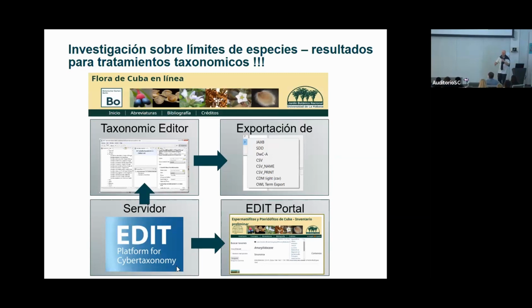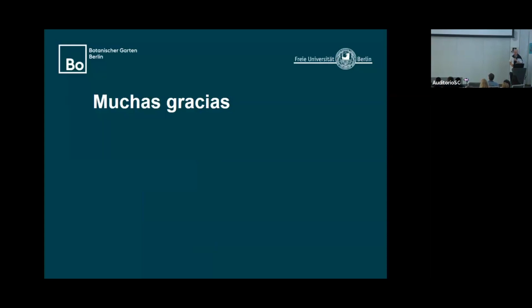It's rather creating descriptions in an automated way from structured data that were also used in phylogenetic analysis. And this is also a tool that is used in the Flora project, the EDIT platform of taxonomy, which I think is something very important to really link academic research, taxonomic treatments, users' needs, and also to produce taxonomic treatments at a very good level of quality. And with this, I end, and thank you very much.